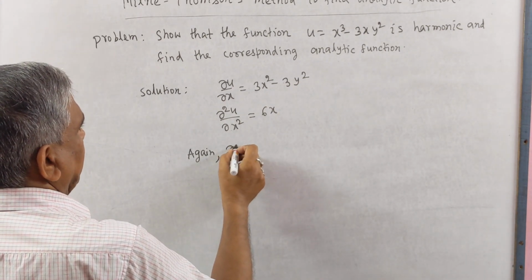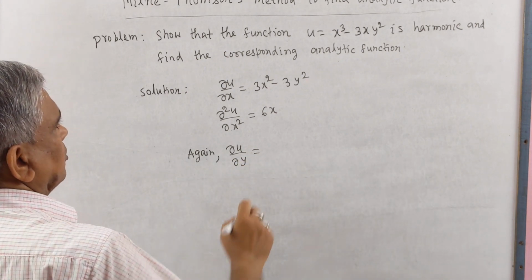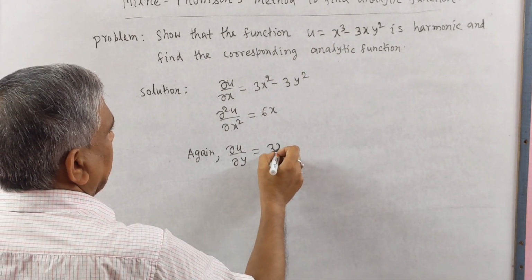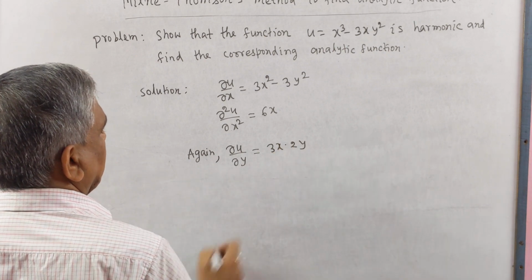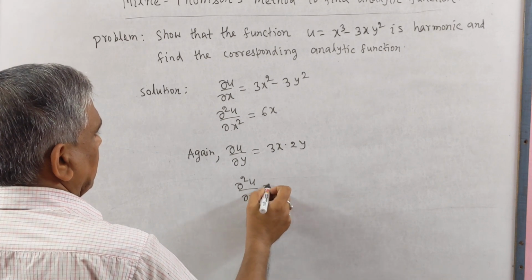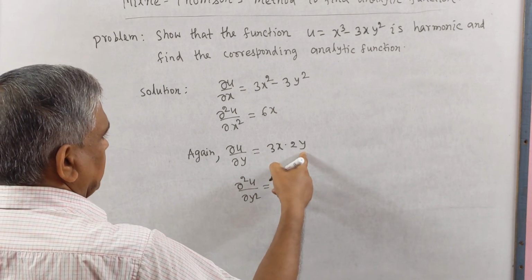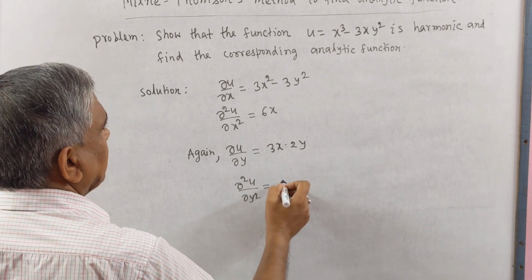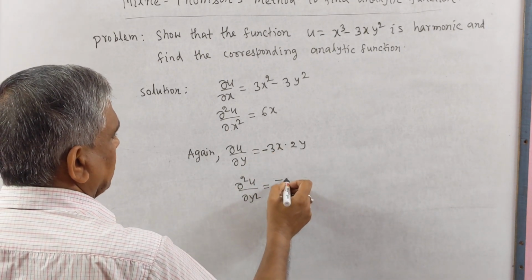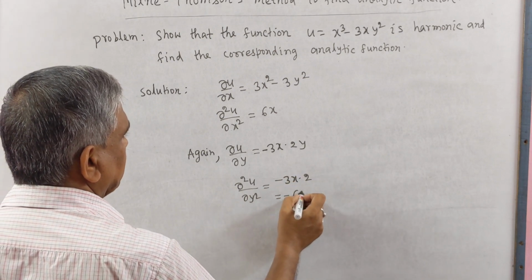Again, del u by del y equals minus 3x into 2y. Del 2u by del y square equals, again differentiating with respect to y, here we get minus 3x into 2, that is minus 6x.